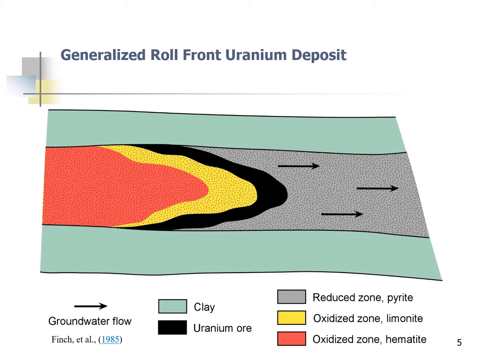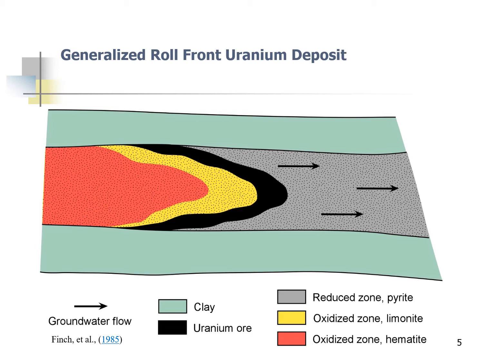And what happens is that the hexavalent uranium will precipitate out at the roll front as tetravalent uranium minerals, usually coffinite and/or uraninite.